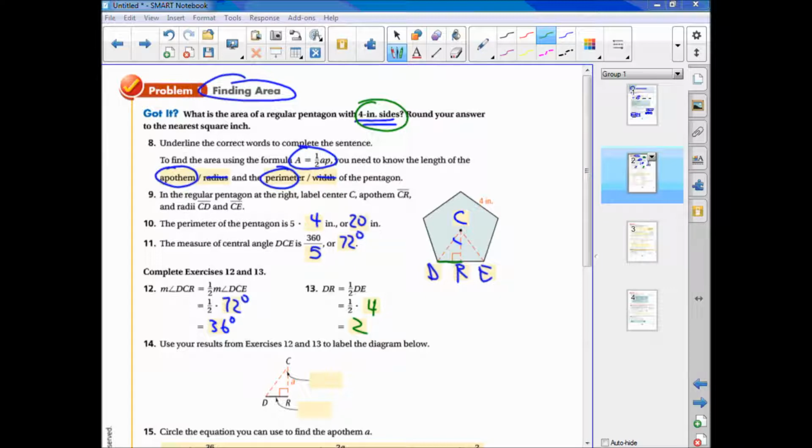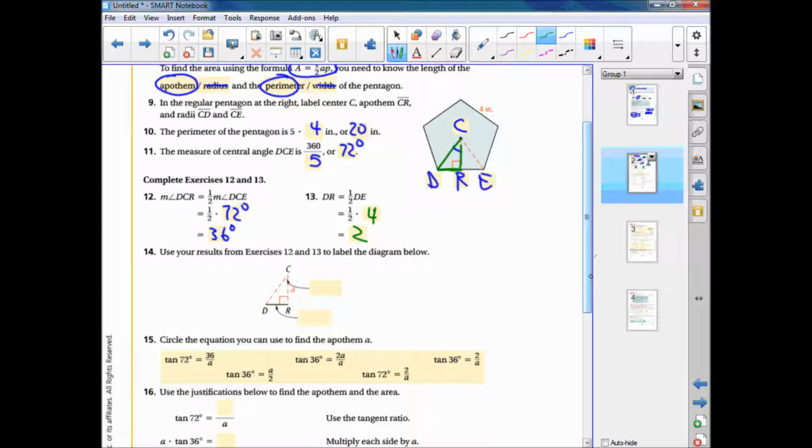All right, so we're going to use our results to build a little right triangle, this right triangle, by itself, so we can find the missing apothem that we need. We have the apothem labeled A. We know our angle is 36 degrees, and we know one of the sides is 2.